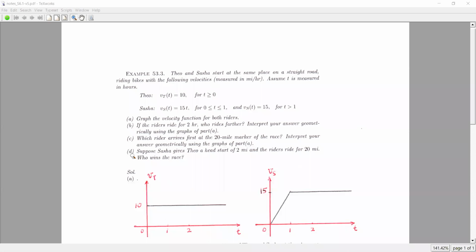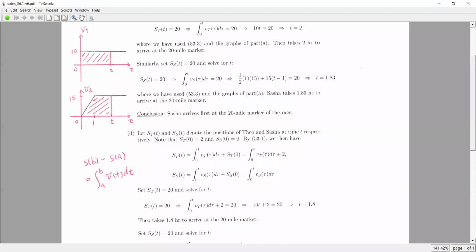Part D. Suppose Sasha gives Phil a head start of 2 miles, and the riders ride for 20 miles. Who wins the race? In the displacement formula, I replace the dummy variable t by tau.